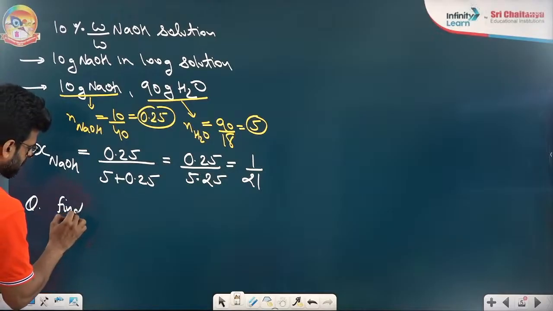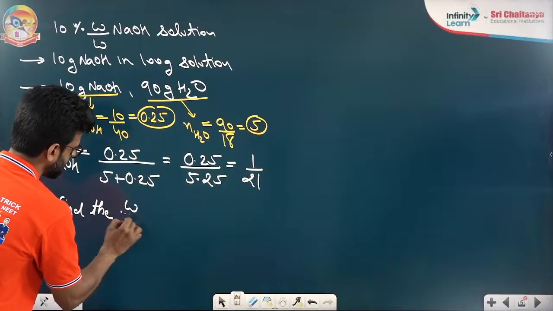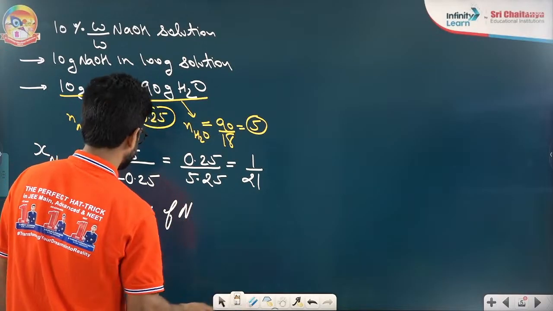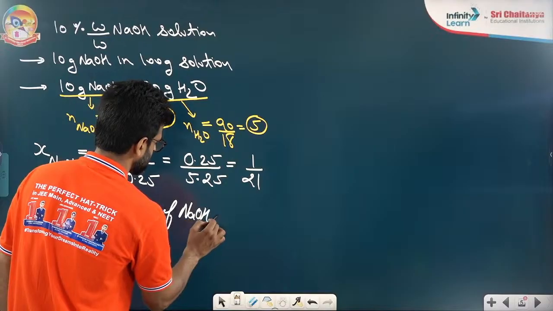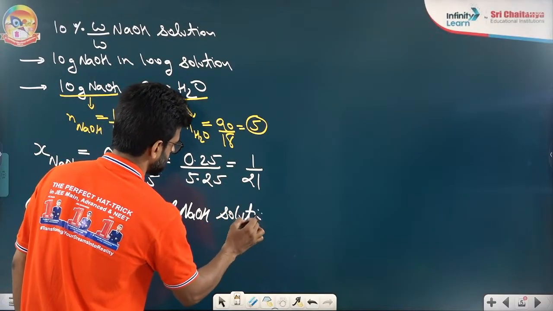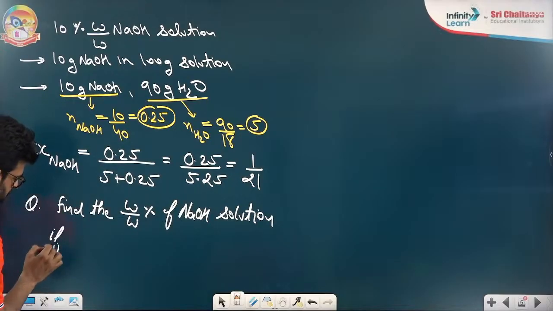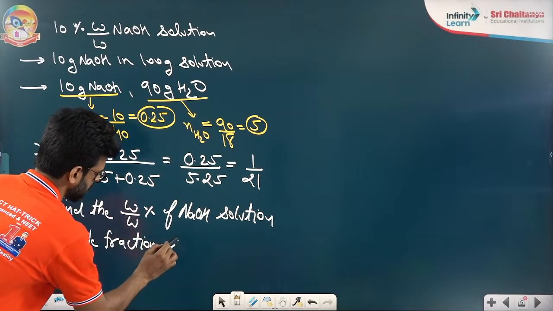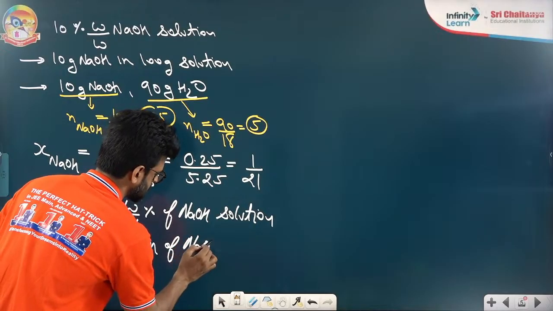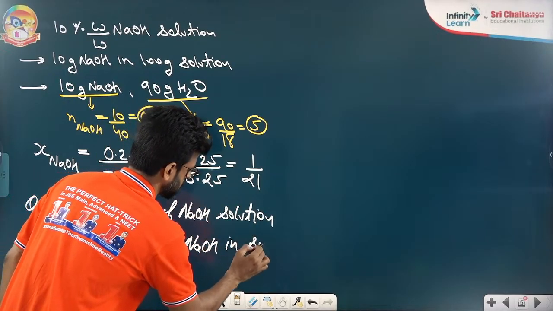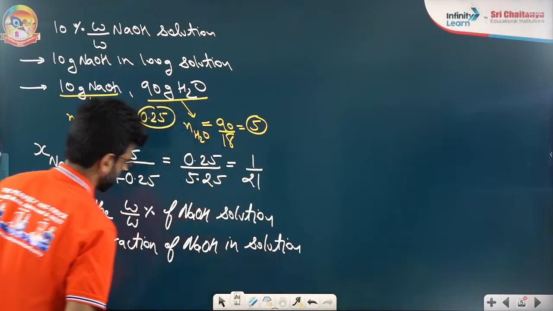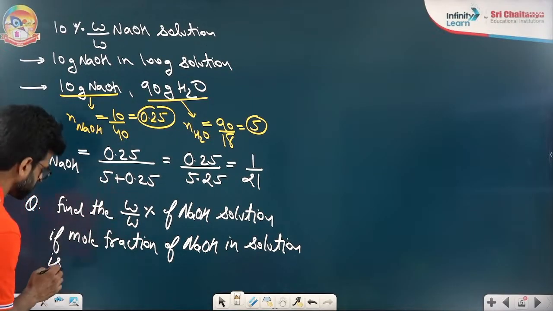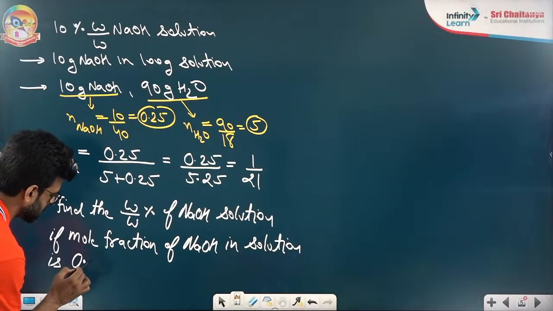Find the weight by weight percentage of NaOH solution, if mole fraction of NaOH in solution is, you can say 0.25.